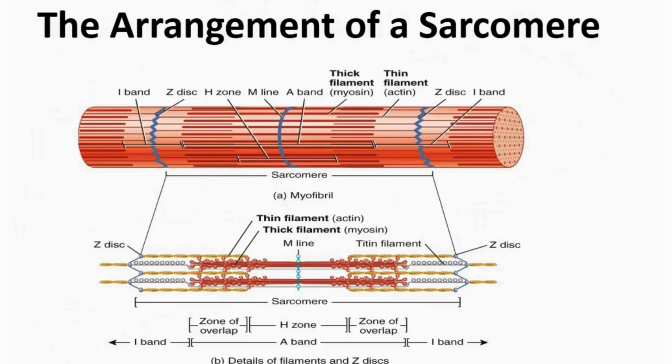We zoom in further. So what is the arrangement of a sarcomere? In a typical sarcomere, we have the I band and the A band. I is the light band, and A band is the dark band.